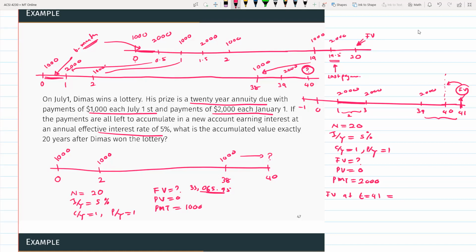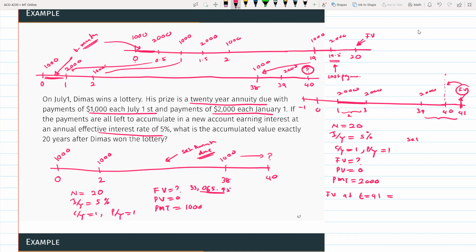Oh, by the way, in the previous one we needed to set it to annuity due. We didn't do that. So for this one, you need to set annuity due.